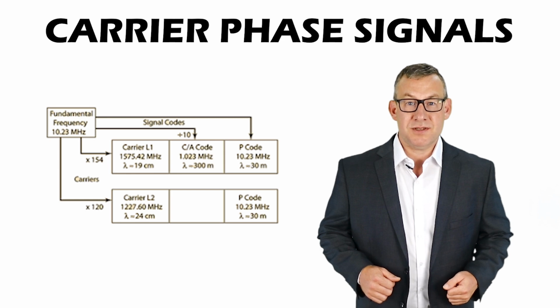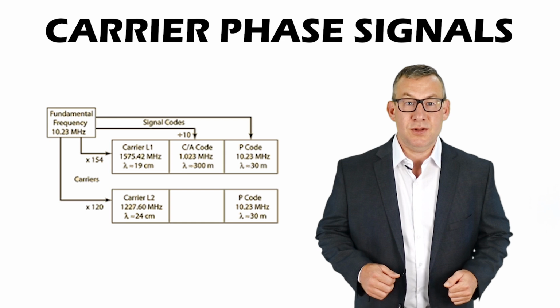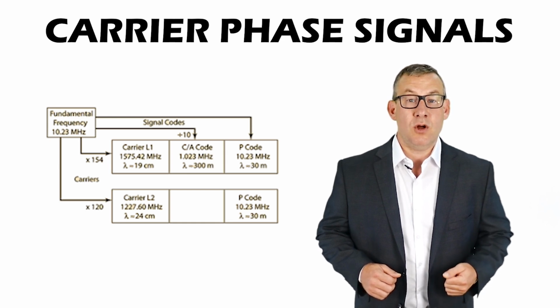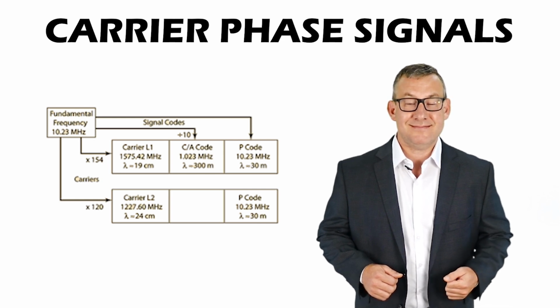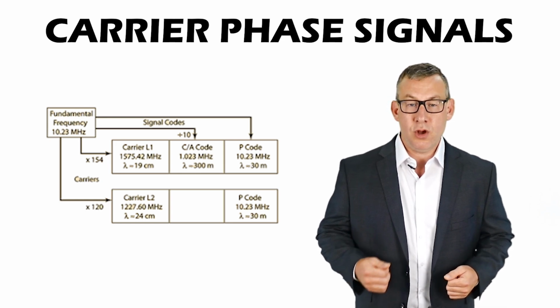Carrier phase signals. Carrier phase signals are more accurate than coded phase signals, but take longer to calculate and require more expensive receivers. Carrier phase signals carry coded signals.